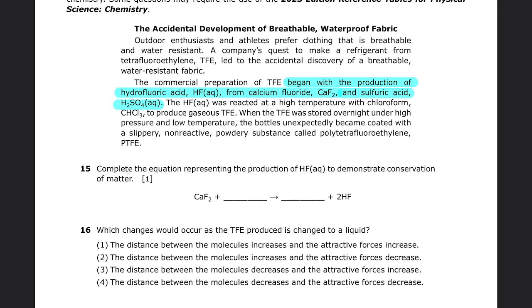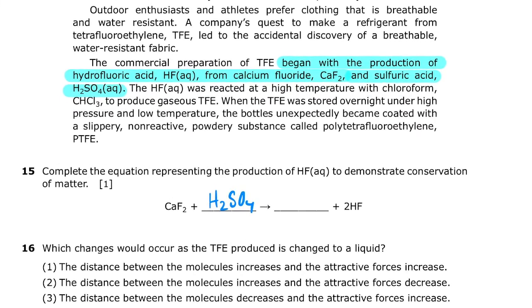So underlined in blue, it says that we began with the production of hydrofluoric acid from calcium fluoride and sulfuric acid. Okay, so one of the reactants is going to be sulfuric acid, so H2SO4. And then ultimately, we have to figure out what the other product is.